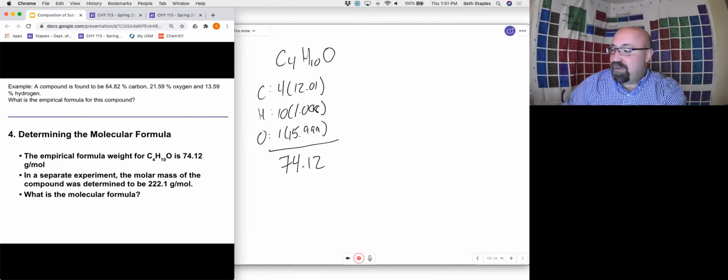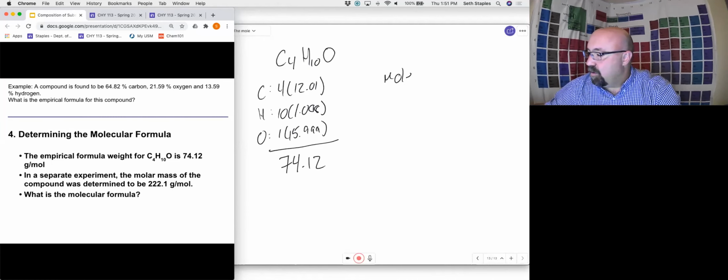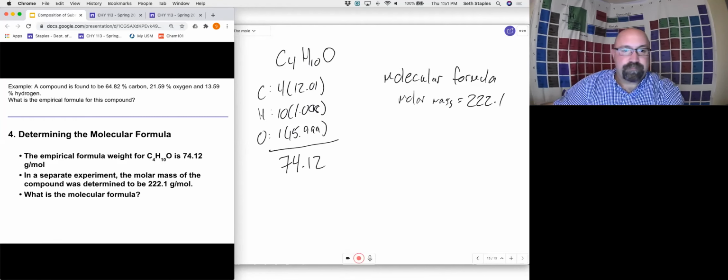We're also given some extra information here, in that the molecular molar mass, of this actual molecule, is equal to 222.1.